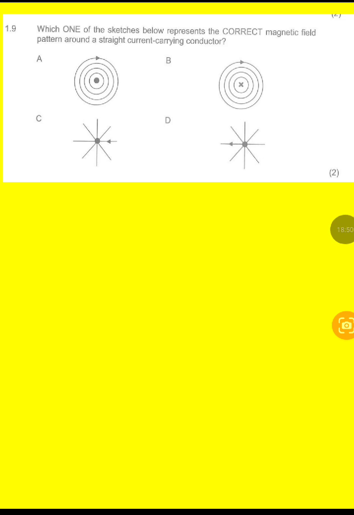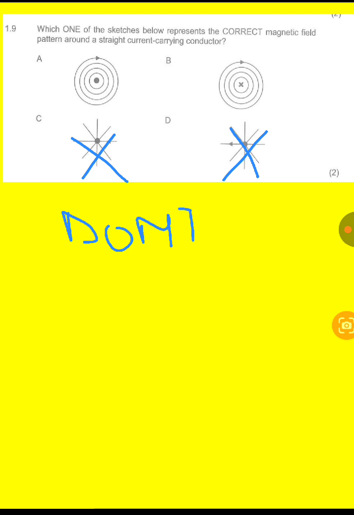If we look at this multiple choice question there, which of the following sketches below represent the correct magnetic field pattern around a straight current-carrying conductor? Obviously, this is wrong, right? Then we check if there is a dot. If there is a dot, remember I say N. So I use N there. If I use N there, going like this, it means on the left it should go down, on the right it should go up.